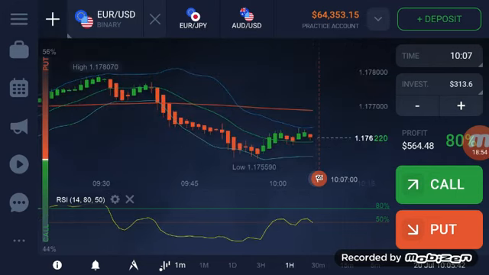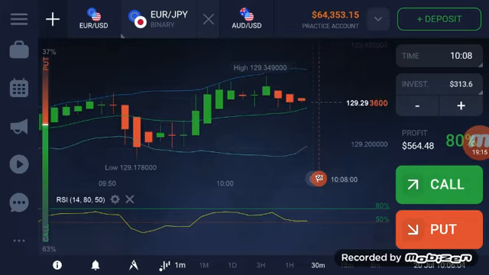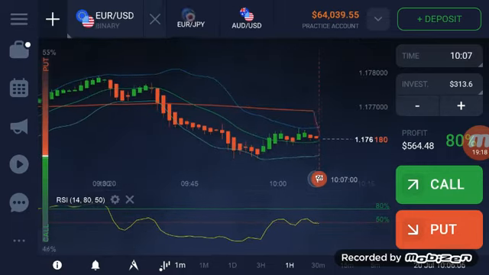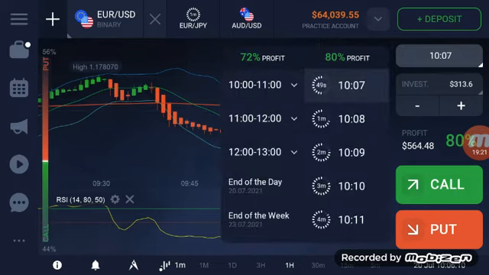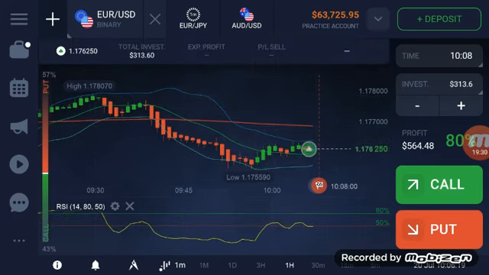This one here looks the same, like it's gonna touch the 50 and go up. So two big trades, two big trades.